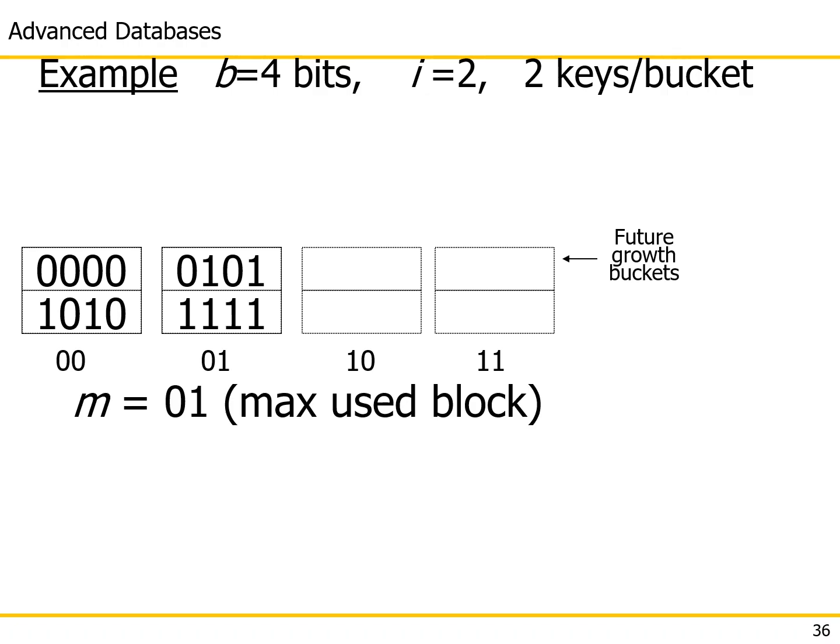But I'm not going to get all of them in one shot. I'm going to get them one at a time. And this is exactly what you see here in this illustration. Even though I is equal to 2, M is 01, which means currently I have only got all the way to bucket number 1. So I got bucket number 0 and bucket number 1. I didn't get bucket number 2, which is 10, and I didn't get bucket number 3, which is 11.